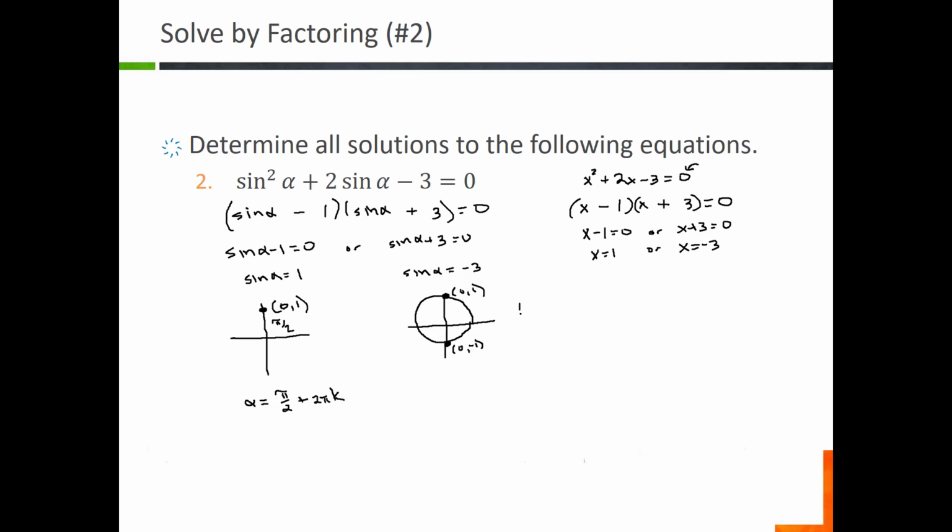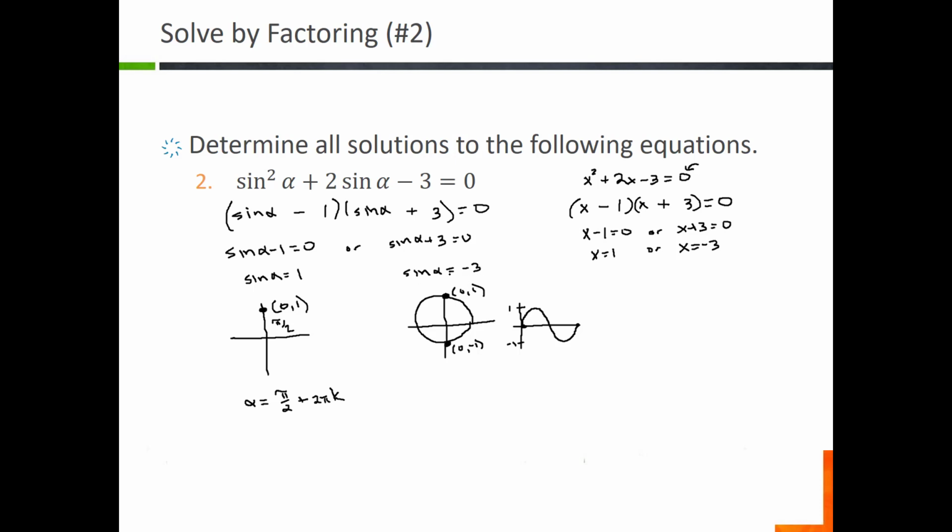If you go back to the sine graphs that we saw a few weeks ago, the sine wave goes up and down and then back up to the origin. And its range is from negative 1 to 1. So it doesn't go below negative 1 and it doesn't go above positive 1. So how is it possible to get sine equal to a negative 3?